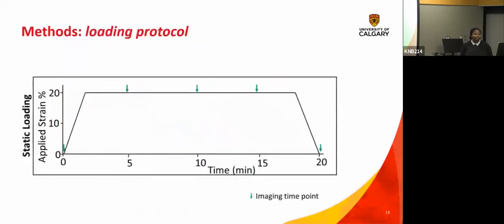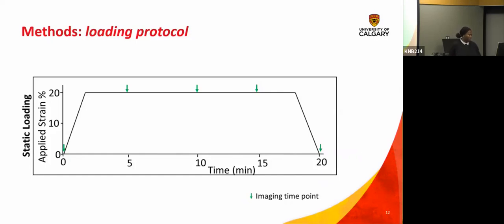Oh, okay, static. So you applied strain and then you kept it constant for some minutes. And is this just one cycle? Yeah. And so does that mean you captured a relaxation response? Yes, we do. And did you also monitor the changes in the relaxation responses between different cycles? Yes.